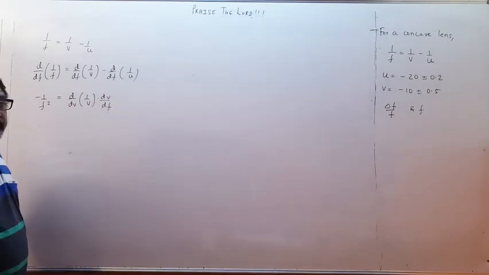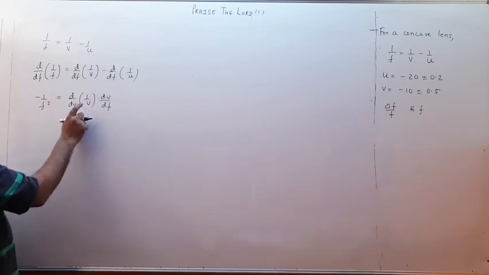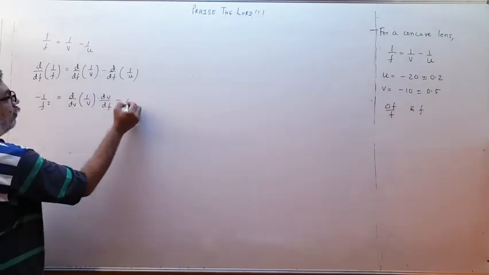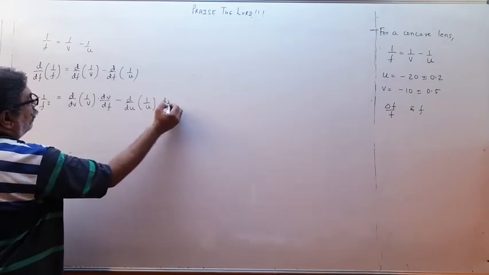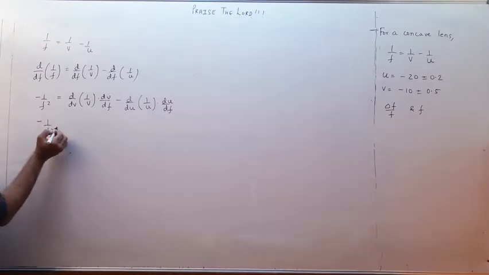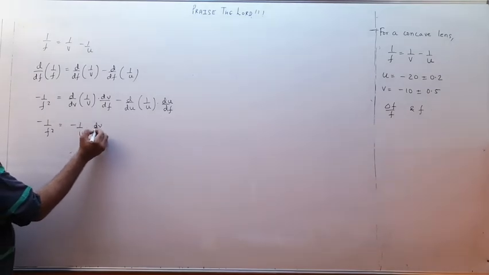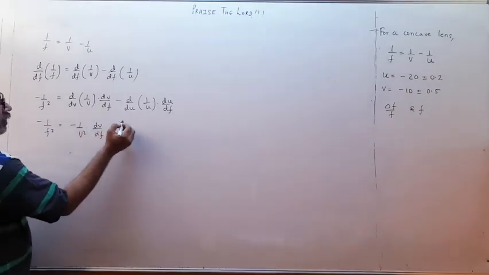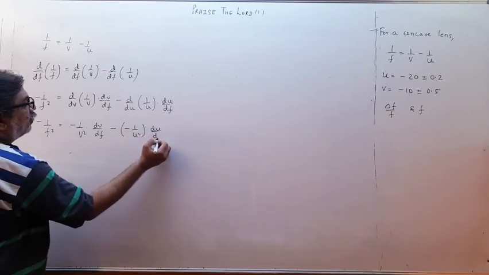As I told you, in case of resistance, we have to multiply and divide by dv because there is v over here, minus d by du of 1 upon u, du upon df. So minus 1 upon f square becomes equal to minus 1 upon v square, dv upon df, minus minus 1 upon u square, du upon df.